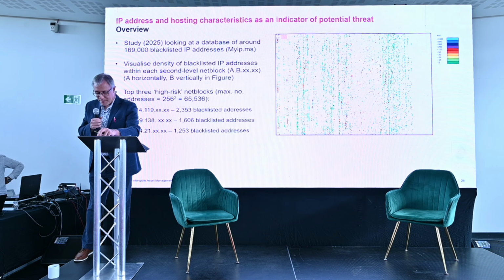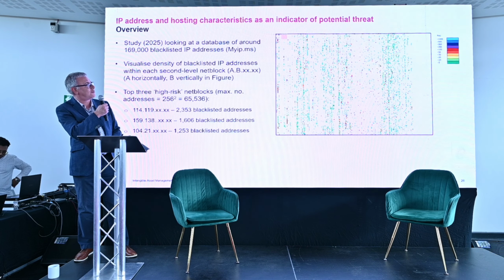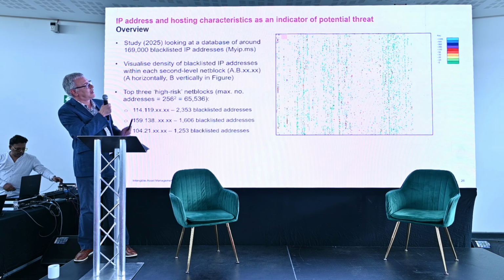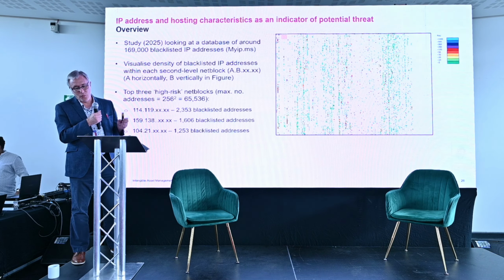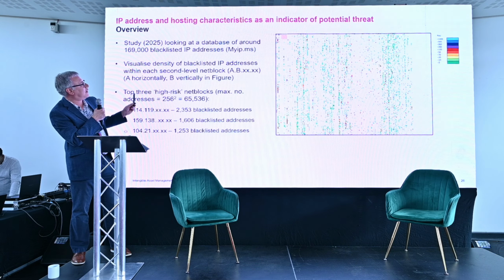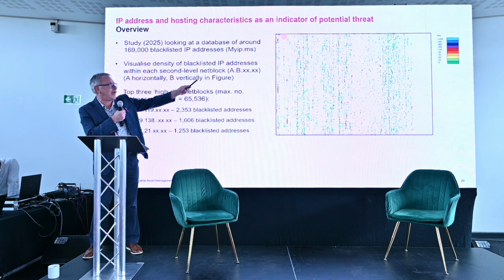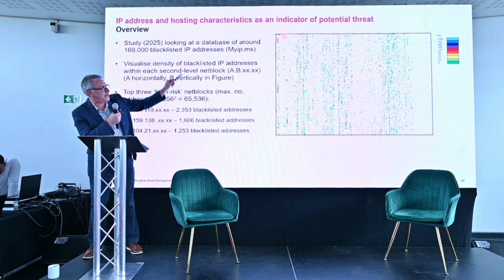I'll step through these a bit more quickly now because I'm aware of time. So this is looking at IP addresses where domains are hosted. What we did here was we had a database of around 169,000 IP addresses, which had been whitelisted. We chunked them up into what I've termed second level net blocks. So these are IPv4 IP addresses of the form a.b.x.x. And we've taken those IP addresses and plotted them on this square plot.